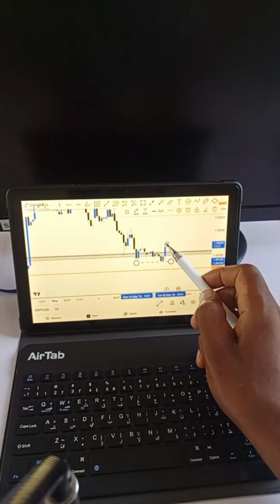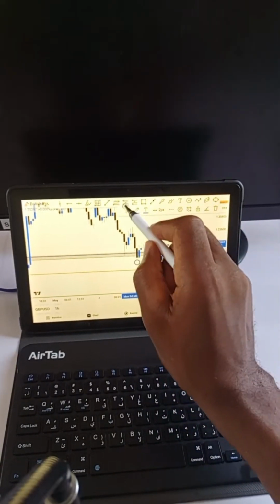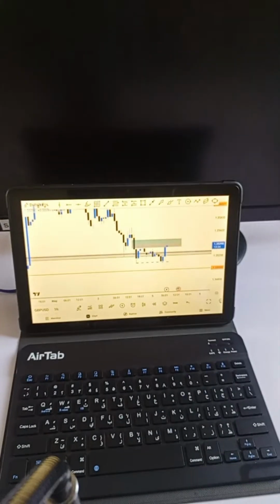Price has come to the zone. Gaps are internal liquidity as well.